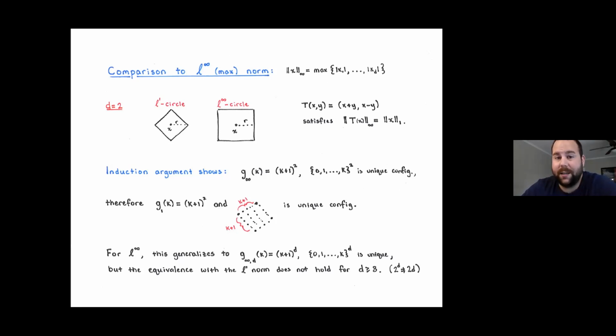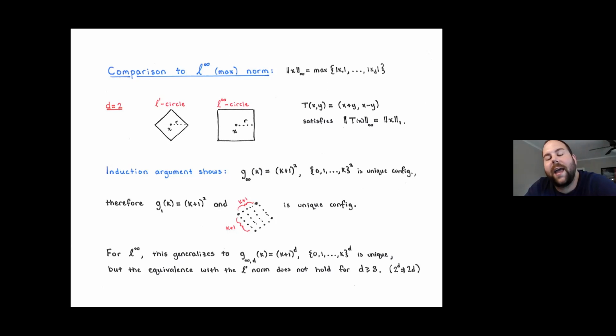But if what you were really interested in is the L1 norm, that doesn't help, because this equivalence between the L1 and L infinity norm in 2 dimensions breaks down in higher dimensions, right? I already mentioned that in 3 dimensions, an L1 sphere is this octahedron. And so basically the punchline here is, for d greater than or equal to 3, 2 to the d is not the same as 2d, right?